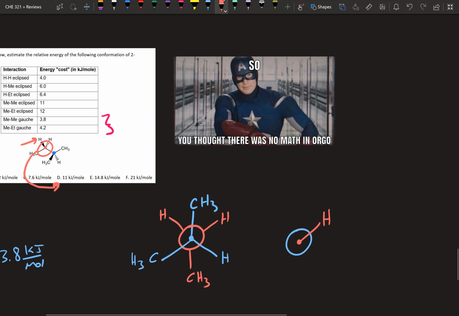That dashed red hydrogen is coming out of the paper away from us, and since we're rotating so the red is in front, it's now going to be to the left. And we have that planar CH3 group.